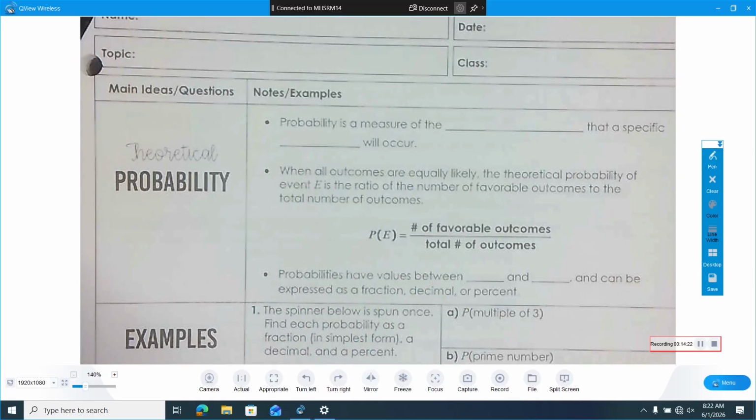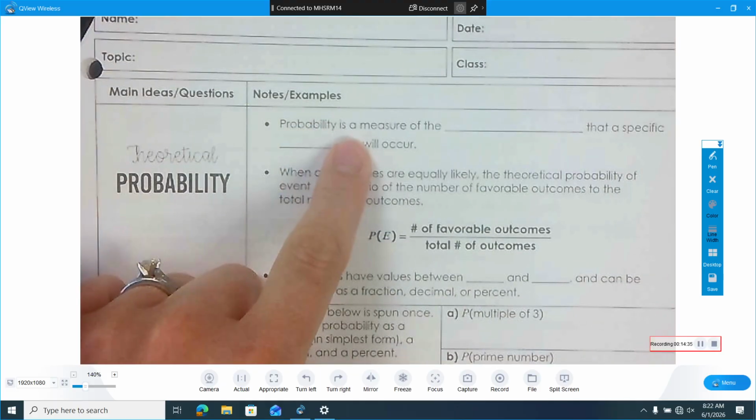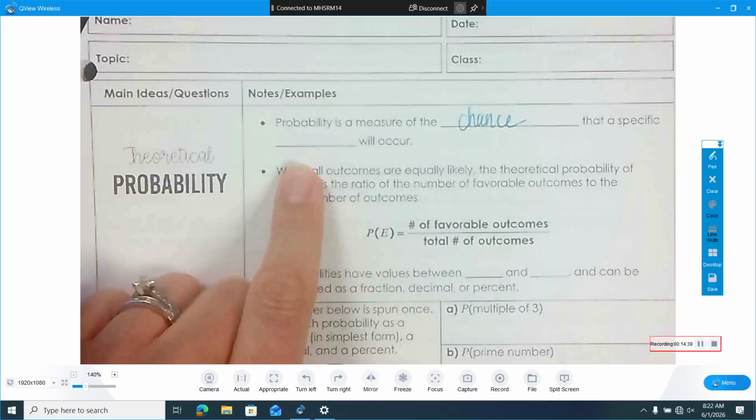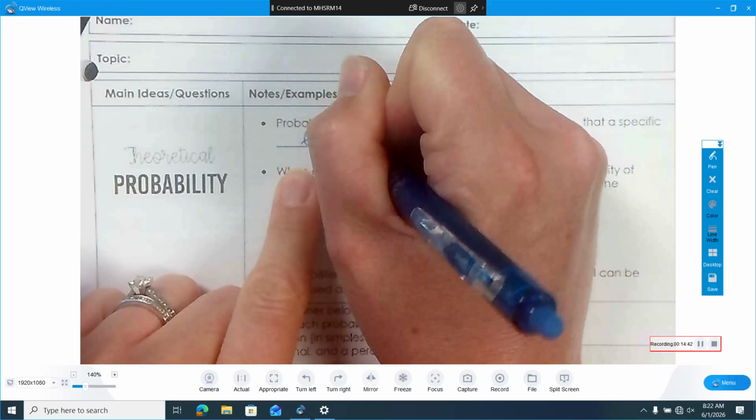That's good. So probability has to combine all of those possible outcomes and figure out the chance of getting a winner. All right? And so probability is a measure of the chance that a specific event will occur.